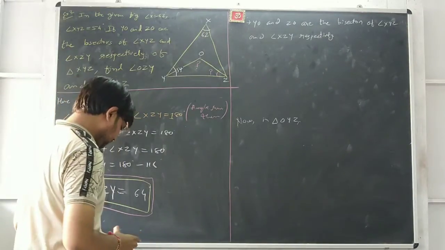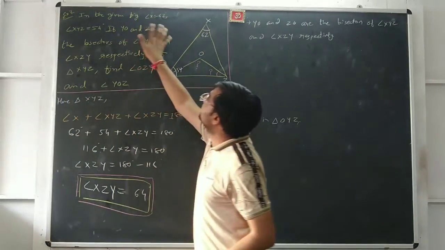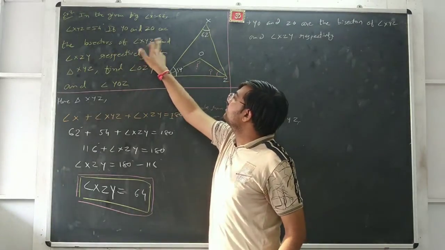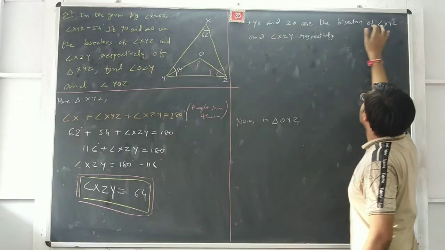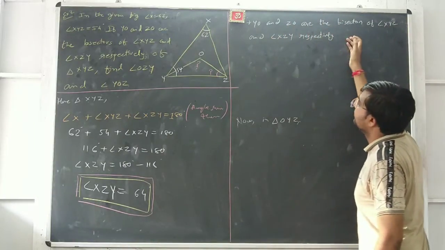Now we know that YO and ZO are the bisectors of angles XYZ and XZY respectively.